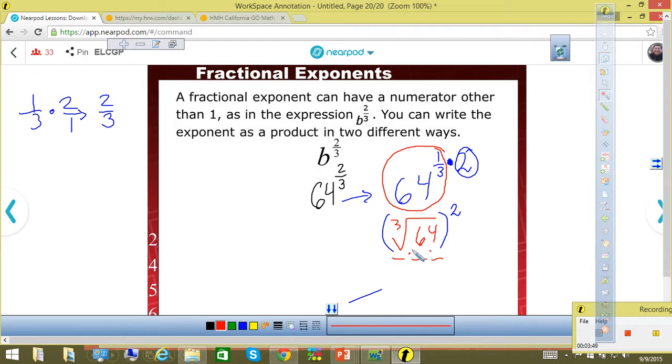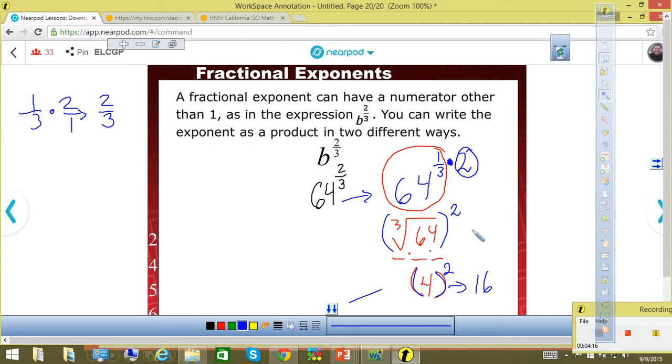Let's see, 1 times 1 times 1, no. 2 times 2 times 2, no. 3 times 3 times 3, no. 4 times 4 times 4, yes, 4 times 4 is 16 times 4 is 64. Therefore, it's 4. Bring down the parenthesis and the power. So what is 4 squared? 16.